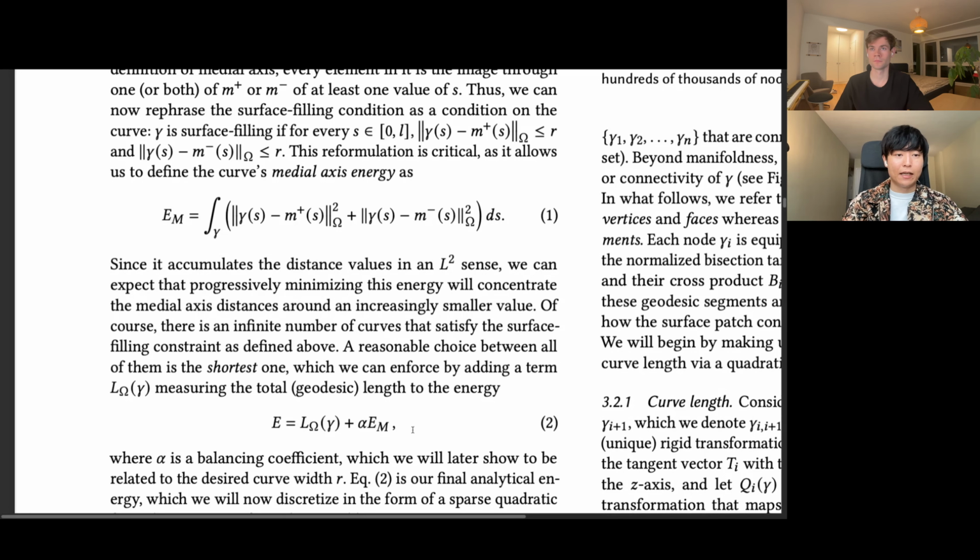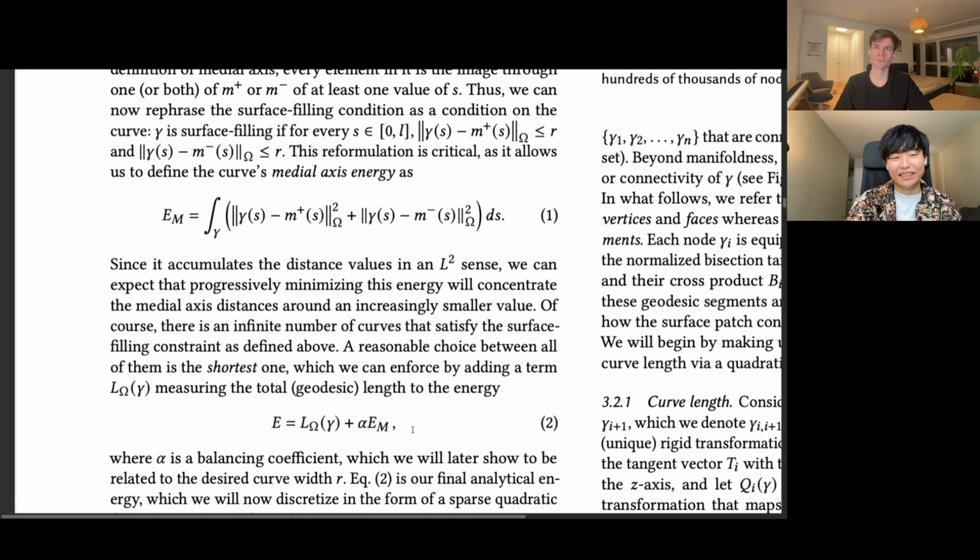The curve length is, of course, really intuitive to think about, right? Because if you have a curve on a surface, then you can measure the length of the curve really easily. One thing that's not intuitive in this form is the medial axis energy, which is defined as in equation 1.